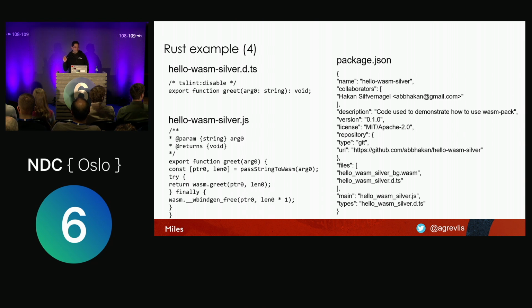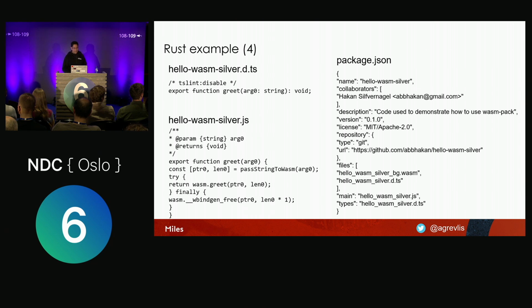The contents of our folder here is first a TypeScript file. The TypeScript file defines which functions inside our Rust code can be called externally, so that is the function we can actually call from our JavaScript code. In this case, it's the greet function that we will be able to call here.